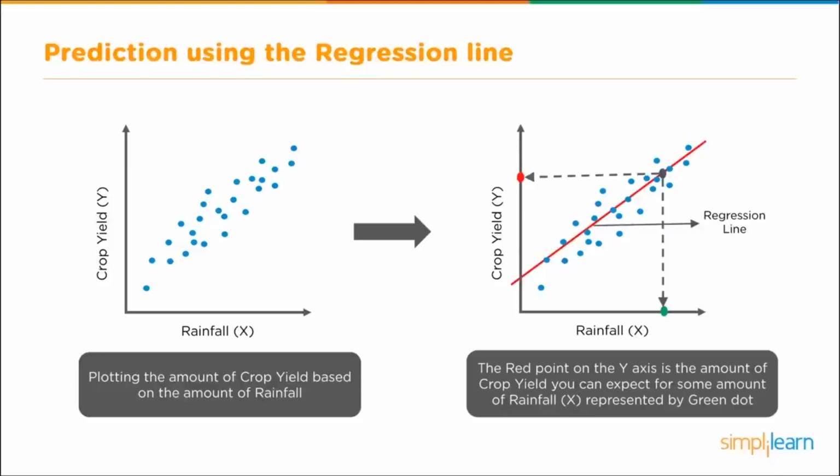And then we look at that, we put the red point on the y-axis, the amount of crop yield you can expect for the amount of rainfall, represented by the green dot. So if we have an idea what the rainfall is for this year, then we can guess how good our crops are going to be. And we've created a nice line right through the middle to give us a nice mathematical formula. Let's take a look and see what the math looks like behind this.